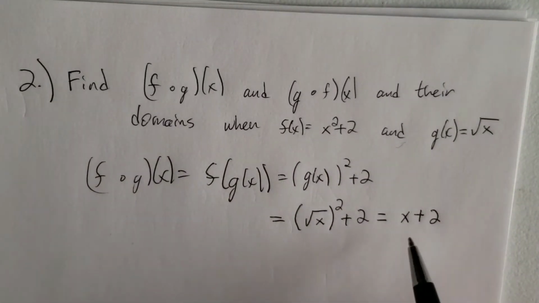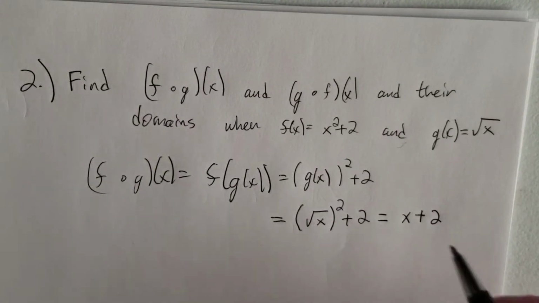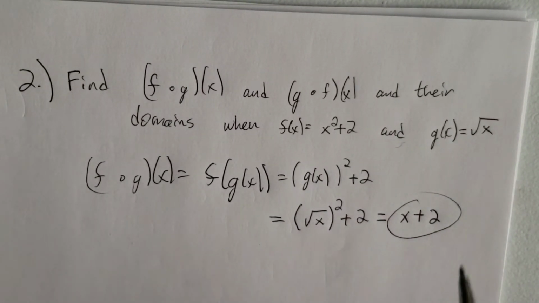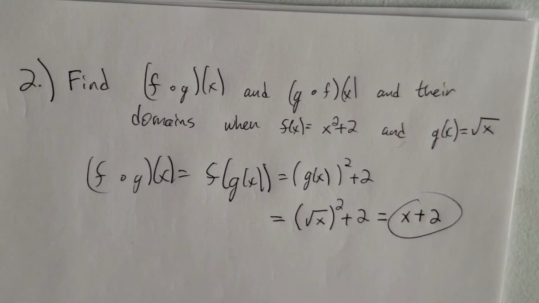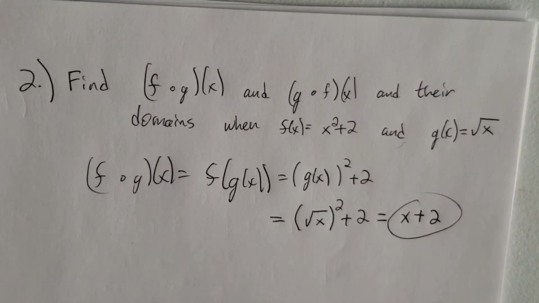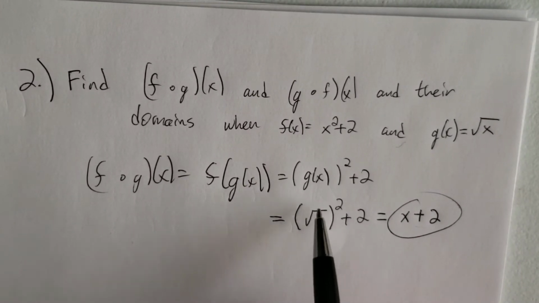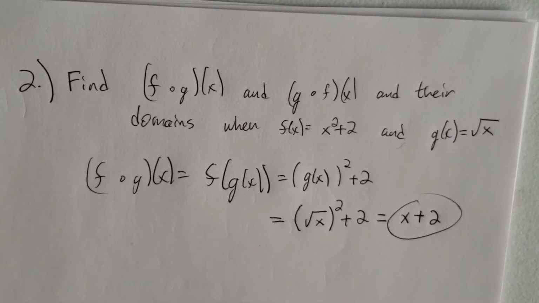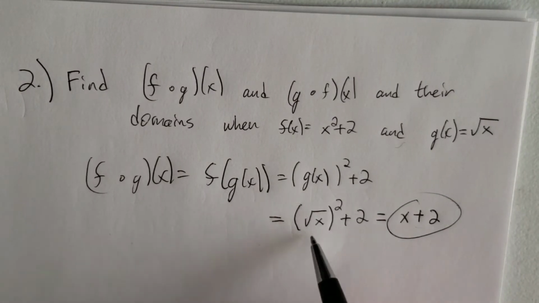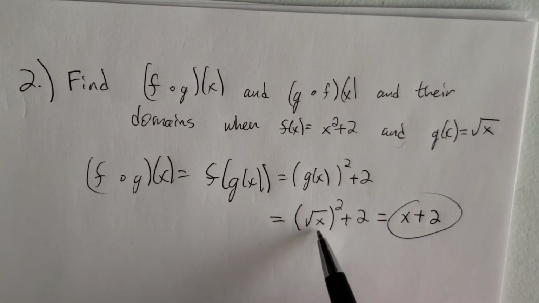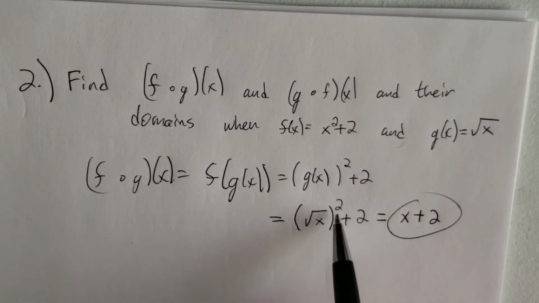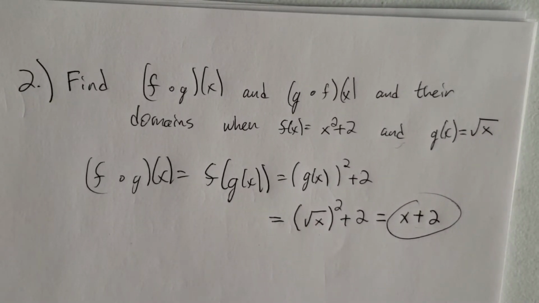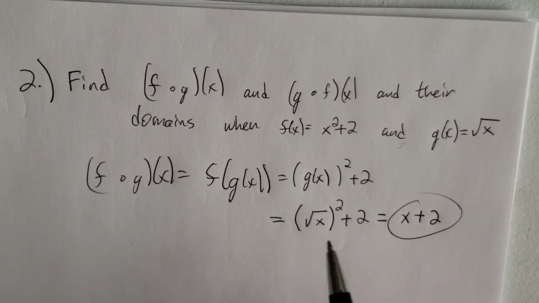Now, this is a little tricky when we ask what the domain is, because I don't want to look at this expression for the domain. Really, our expression was the square root of x, squared, plus 2. Well, what are we allowed to plug into here? If we have negative values, we cannot find this expression. We can't plug in a negative value here.